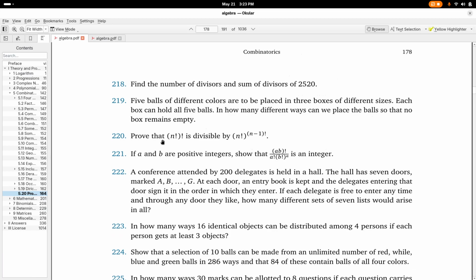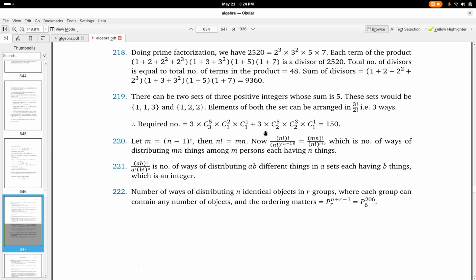Question number 220 says that prove that factorial of n factorial is divisible by n factorial to the power n minus 1 factorial. So we let m is equal to n minus 1 factorial, so m factorial is equal to mn. So now we have this number.